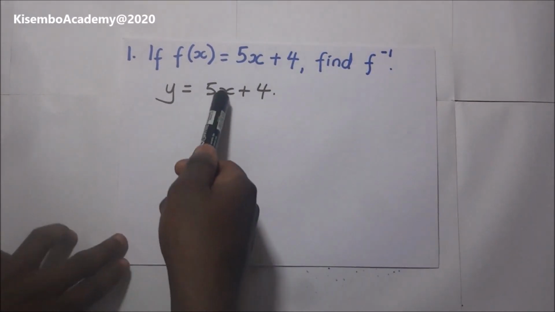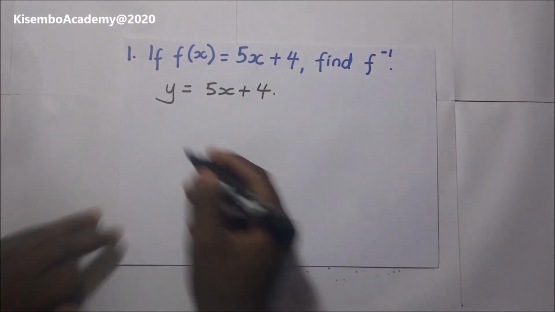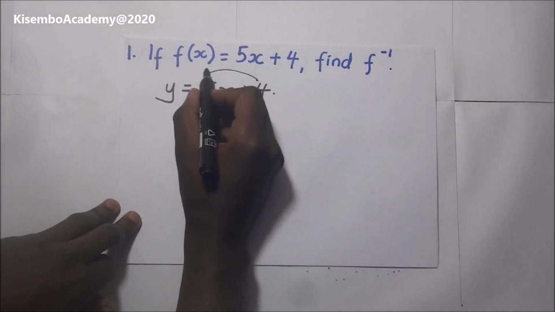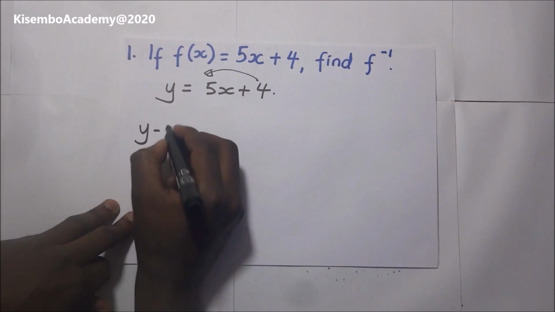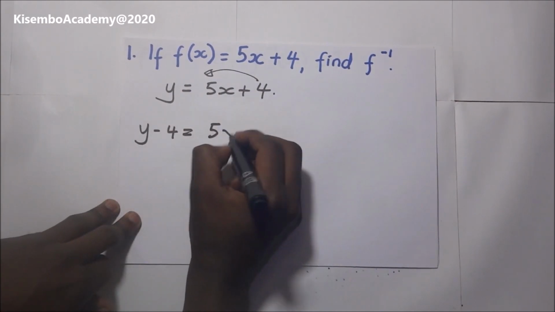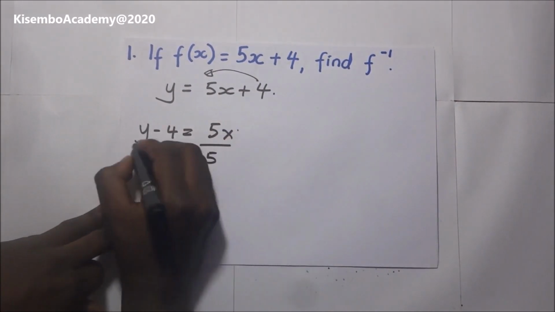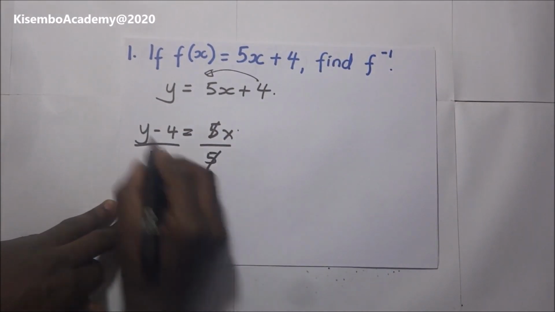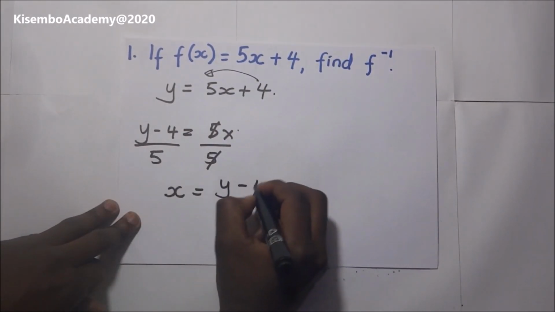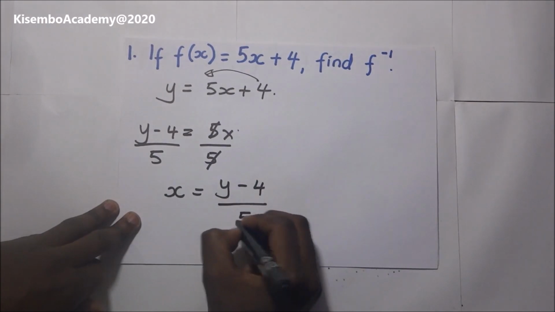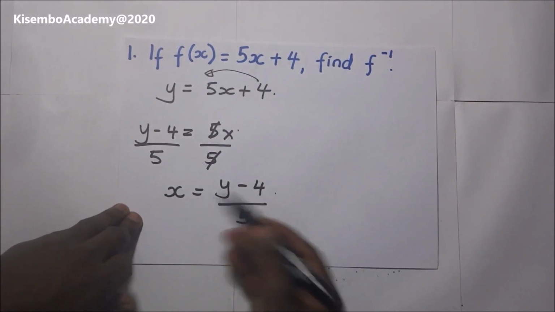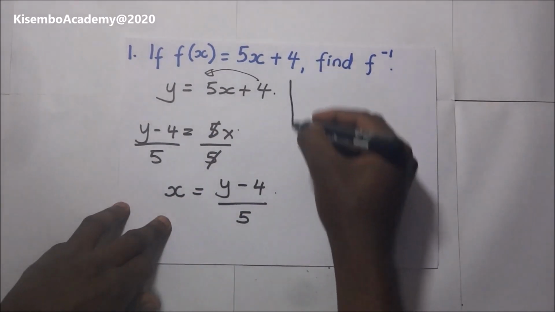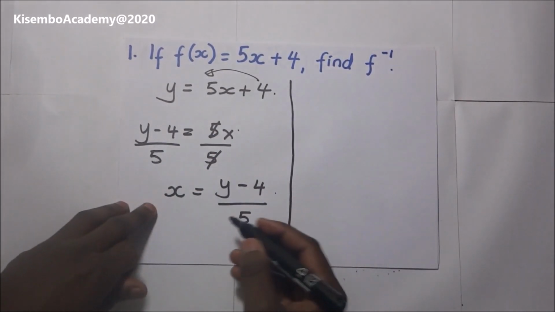We are going to first make x the subject of the formula. So 4 comes this side, and this becomes y minus 4 is equal to 5x. When we divide both sides by 5, we end up with x being equal to y minus 4 over 5. Since we are finding the inverse, we are trying to flip it or find the reverse.